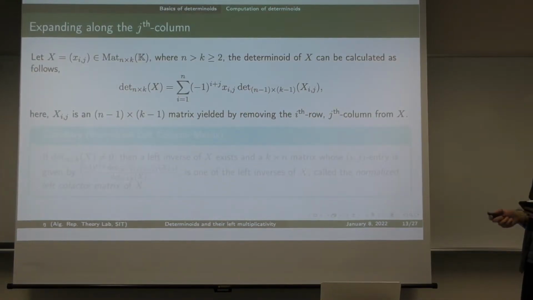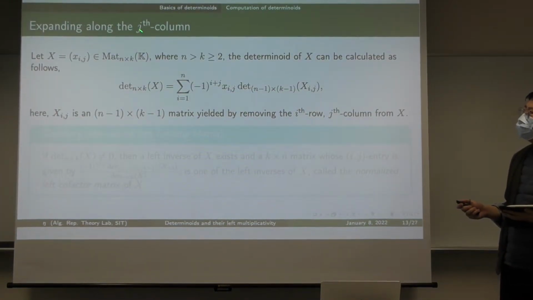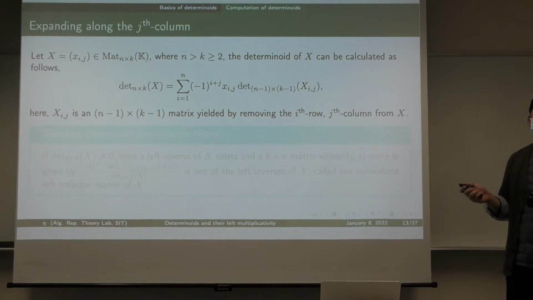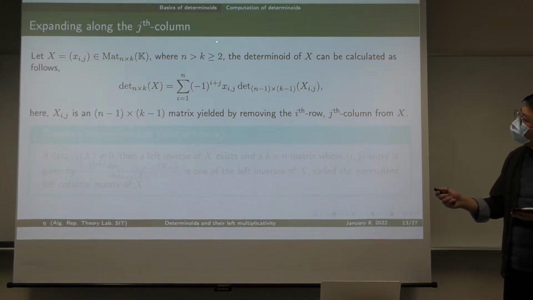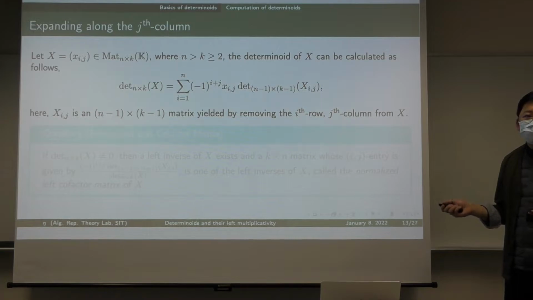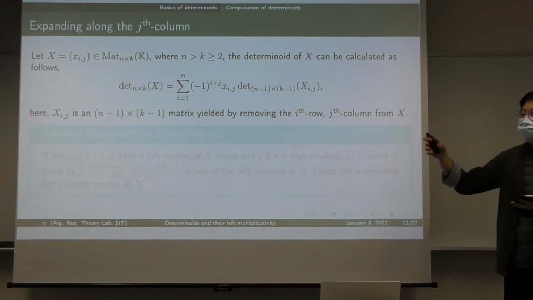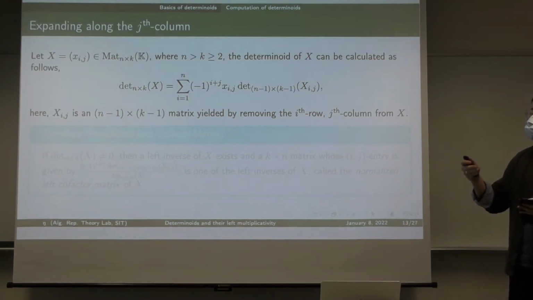Okay, the third method, the last one, expanding along the jth column. It's just the usual way to compute the determinant. But here, k is greater than or equal to 2, because if it's 1, then just like I said before, it's just summing over all entries with alternating signs.